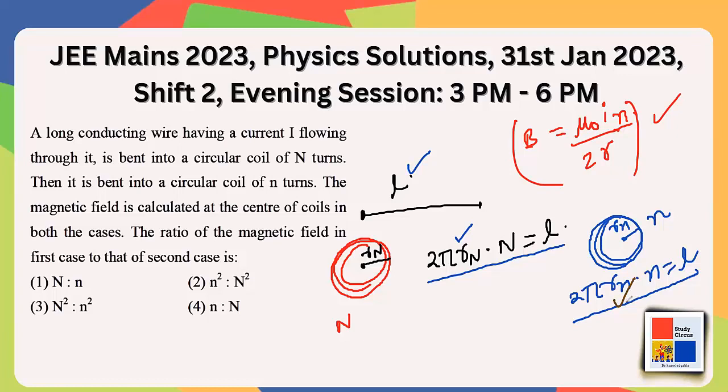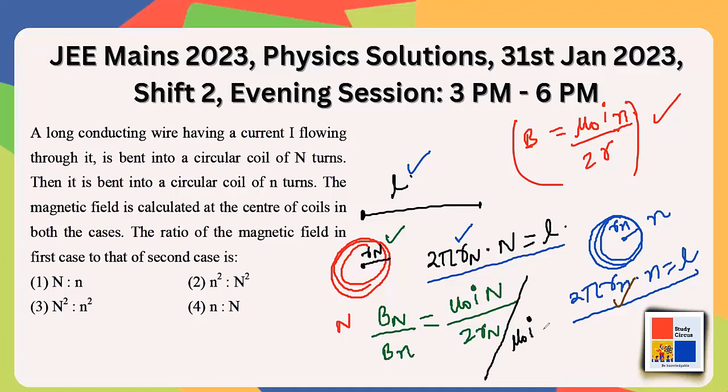Now let's try to find the ratio of the magnetic field. I can say B for N turns to that of B with small n turns is going to be mu naught I N upon 2 R_N, that is the radius of this coil, upon mu naught I small n upon 2 R_n. This is the ratio.